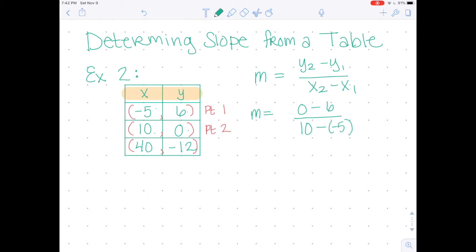So 0 minus 6 is negative 6, divided by 10 minus negative 5, which is actually 10 plus 5. So negative 6 over 15, which gets us negative 2 over 5. And there we are.